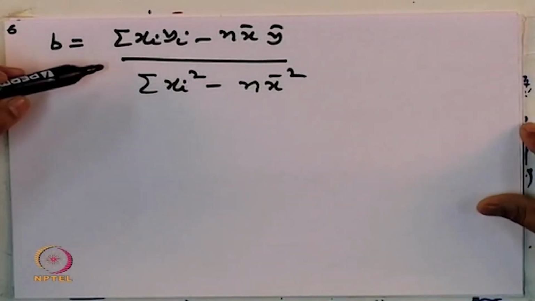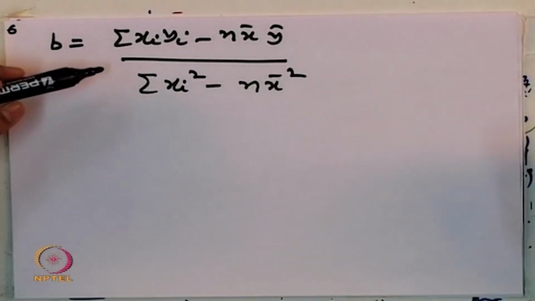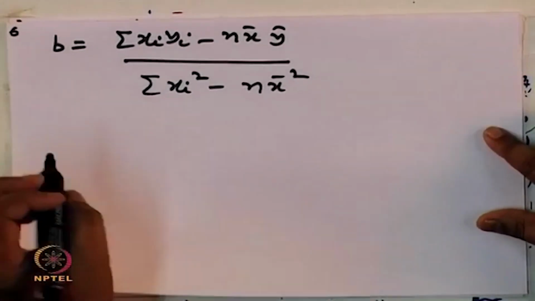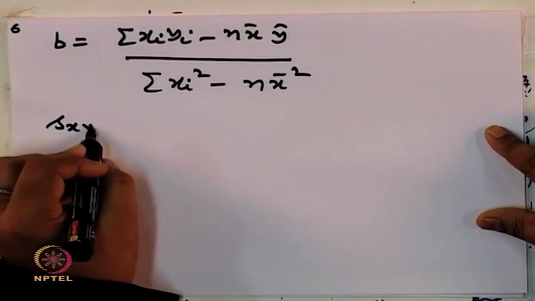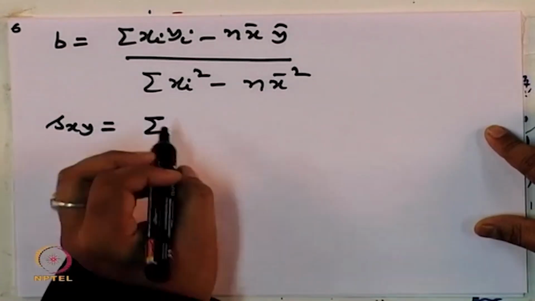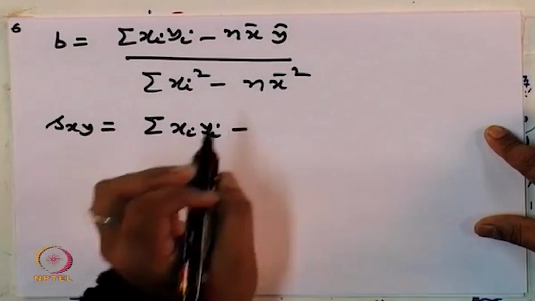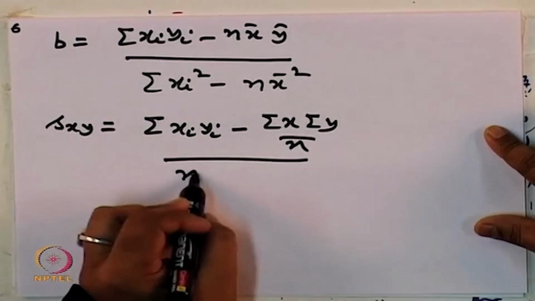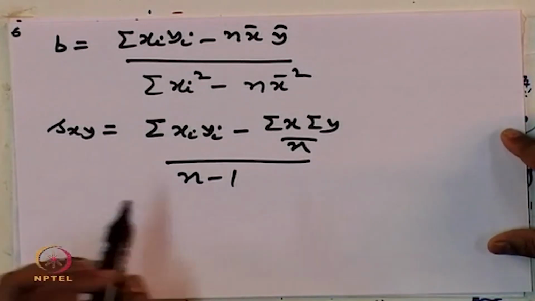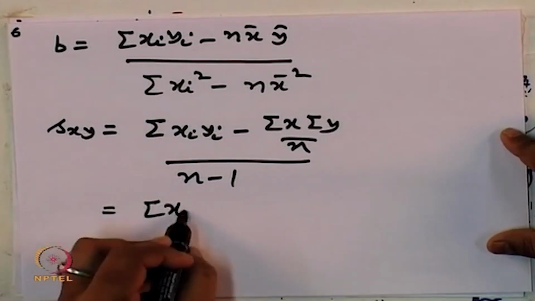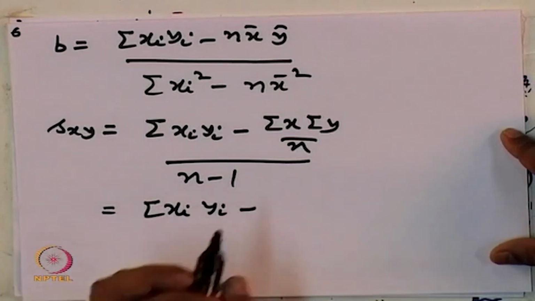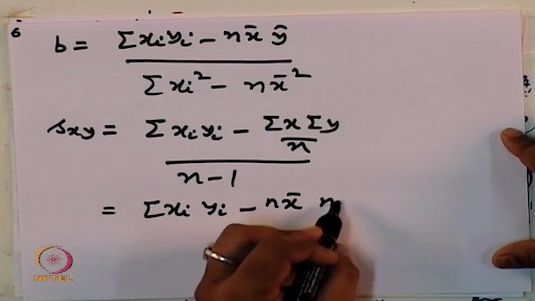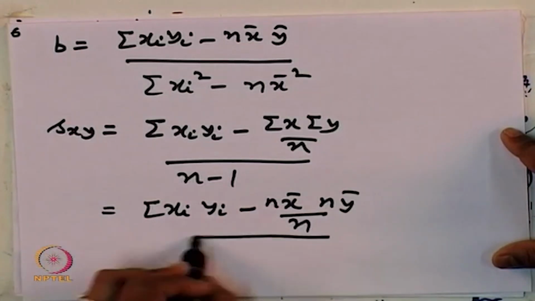Now, can I compare it with some of the definitions of covariance or correlation coefficient? So, let me write down the expression for covariance that we determined. S x y is equal to summation xi yi minus summation x summation y by n, whole divided by n minus 1. Okay. So, I can rewrite this equation. So, I can write summation x as n x bar, summation y as n y bar, and by n minus 1.